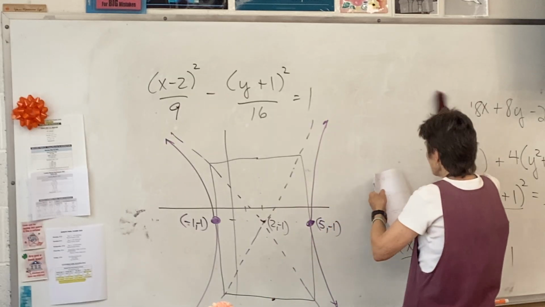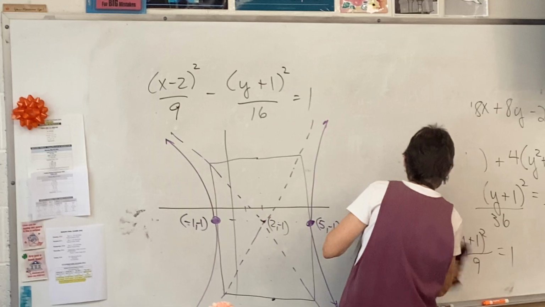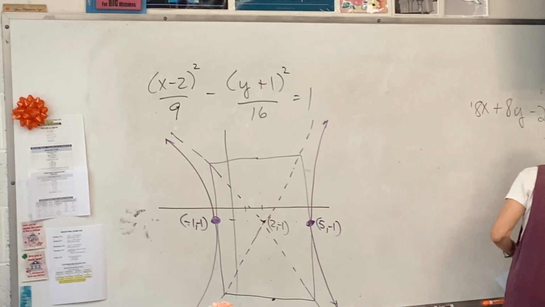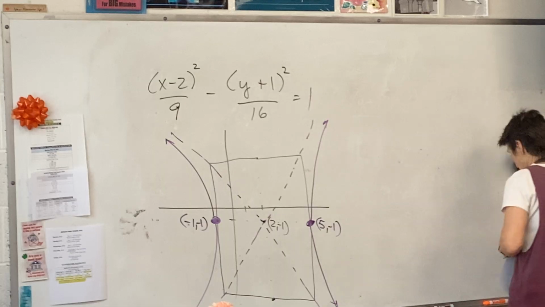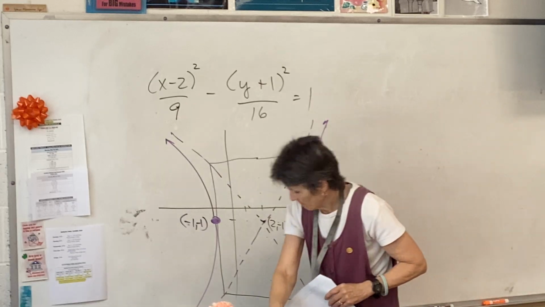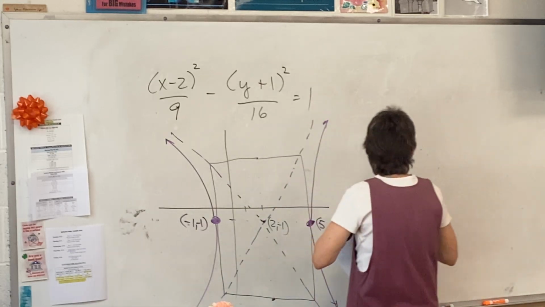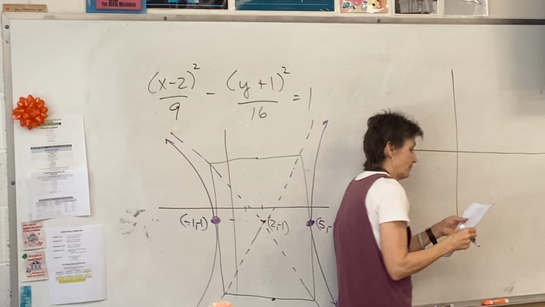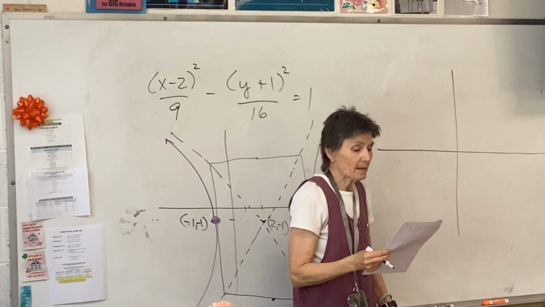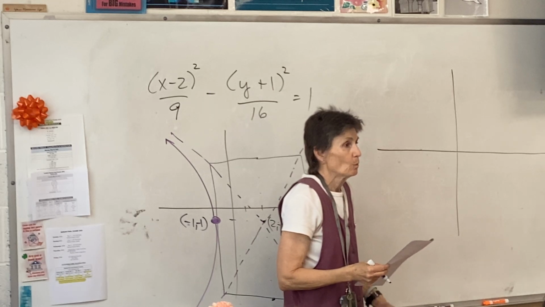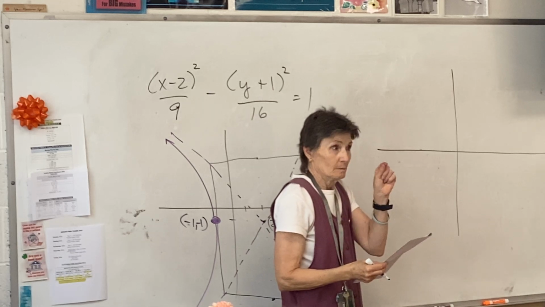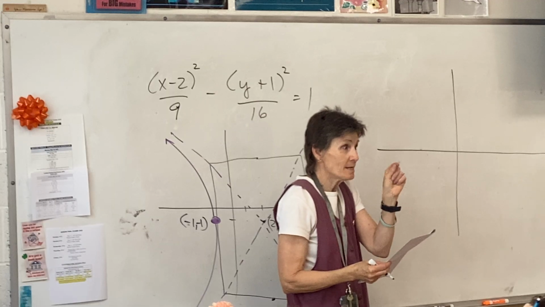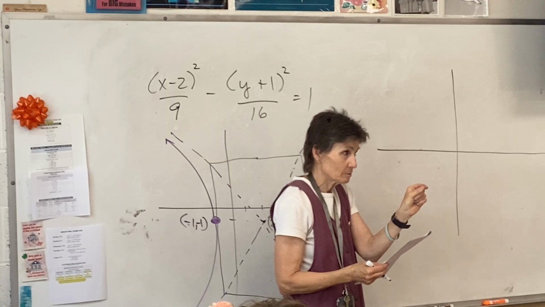All right, so let's take a look at the next one. It's another sketch by hand. Where is the center of this one? Watch it, where's your center? That's a trick. 1, -2.